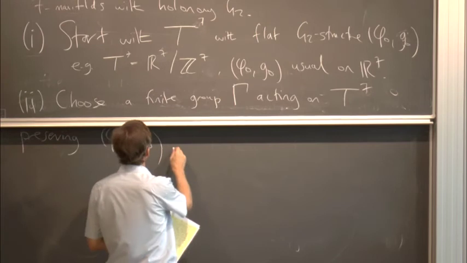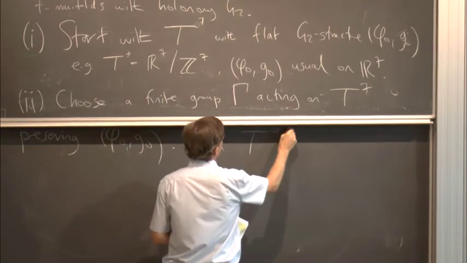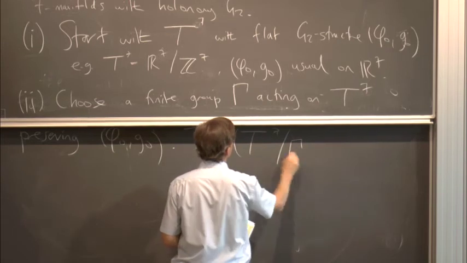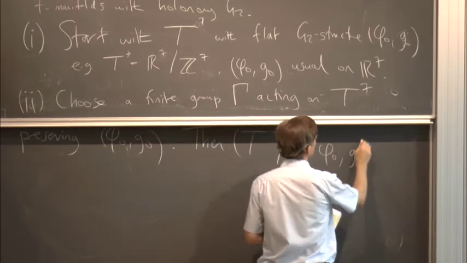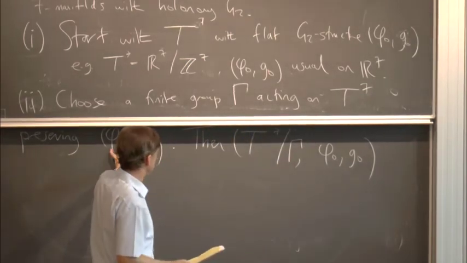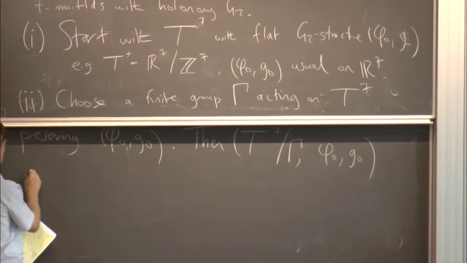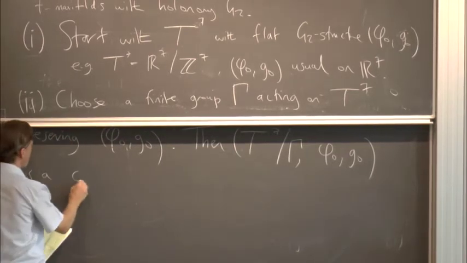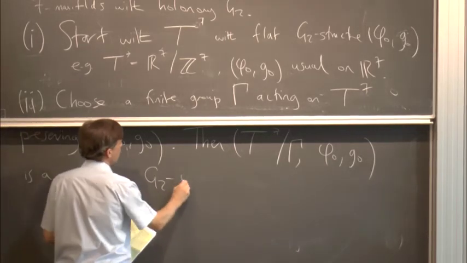So then T7 divided by gamma, and the phi 0 and g0 descend to this T7 on gamma because they're preserved by the gamma action. This is a compact G2 orbifold.